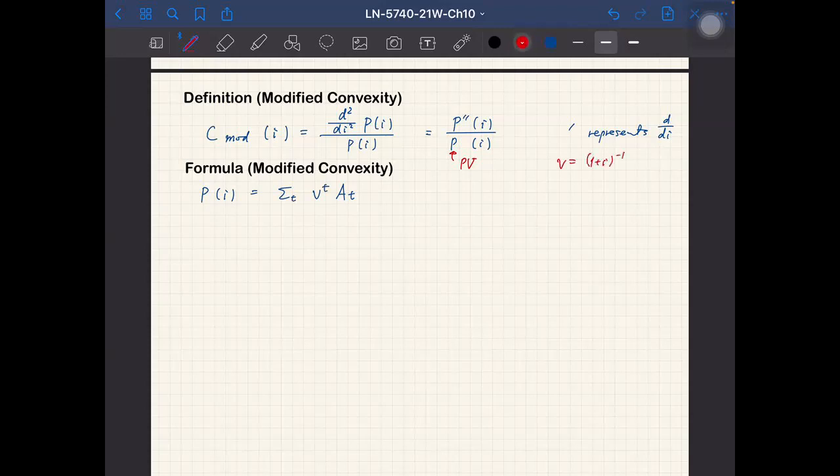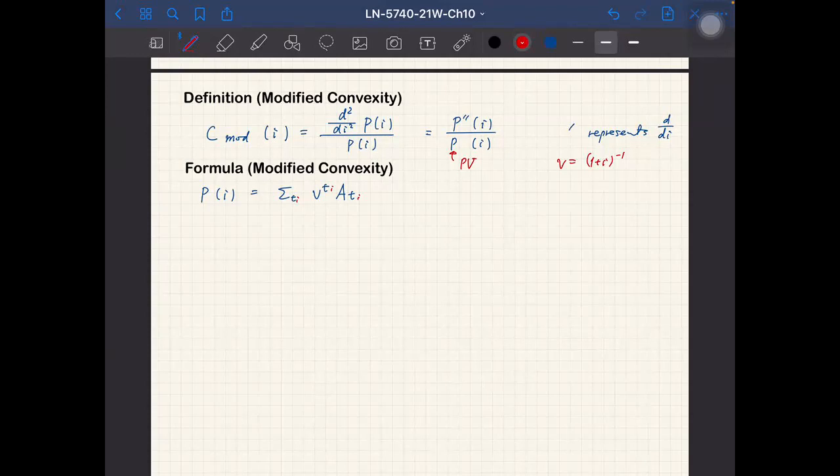To be exact, we have only finite cash flows, so it is the summation over i from 1 to n of v to the power t_i times A sub t_i.